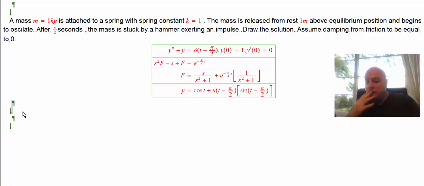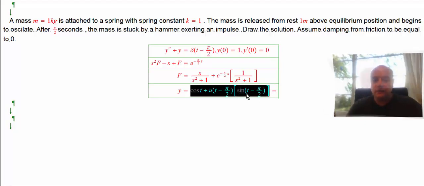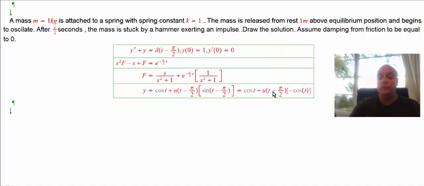But I think we can do a little bit better, because they want me to draw the solution here. Well, sine of t minus pi over 2 is the sine function shifted over pi over 2. So I can write this as cosine plus a Heaviside step function times minus cosine.